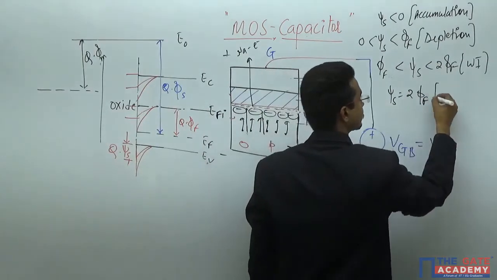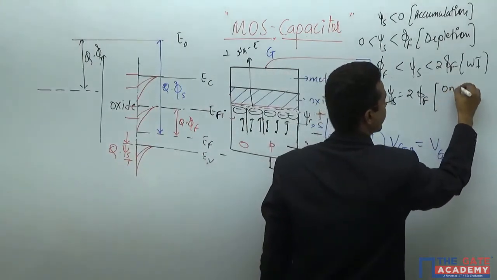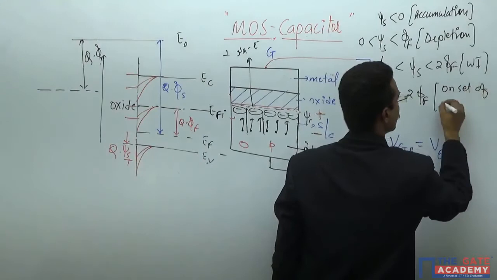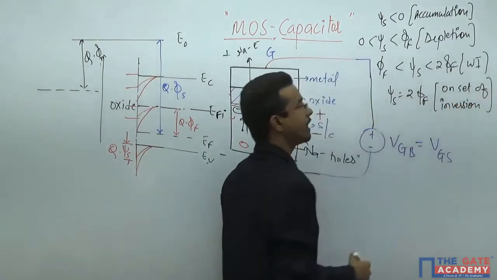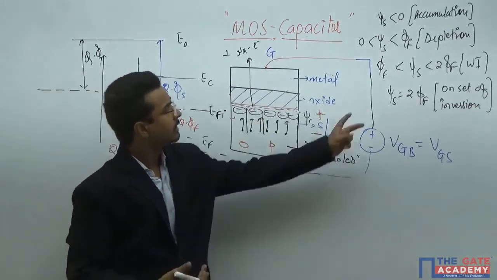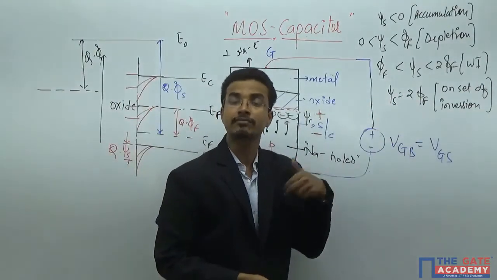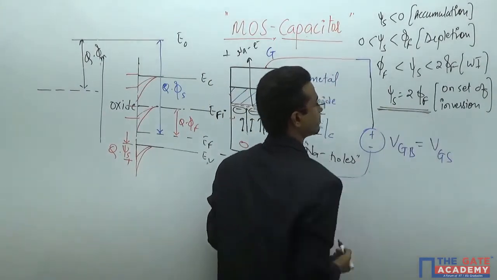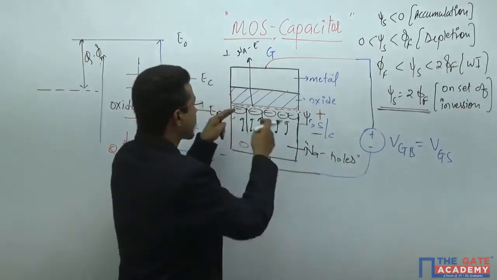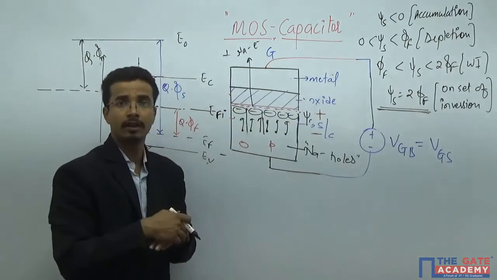This is the onset of inversion. That means from where you can see a significant change in the charge carriers of the opposite side. So this is my important point. And after this, the crowd here will be more.